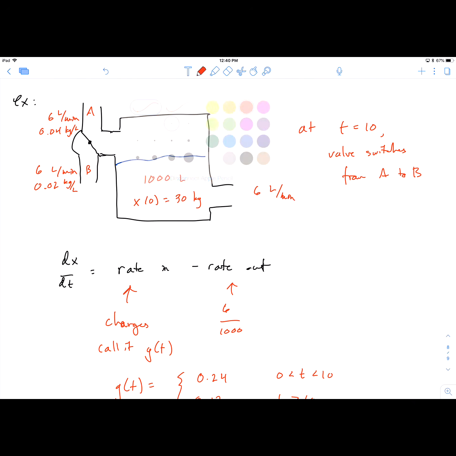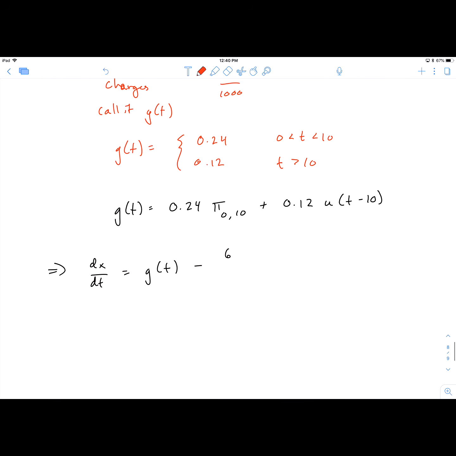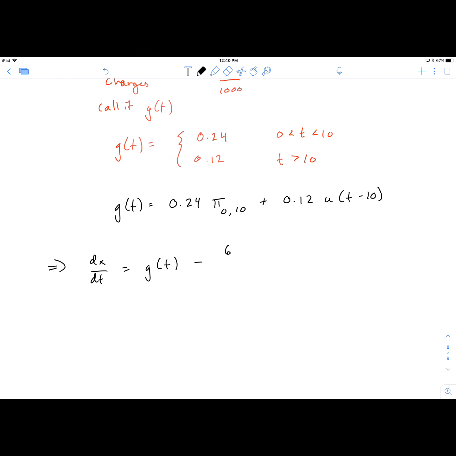Sorry, that should be x: 6x over 1,000. Then, just rearranging, we'd have dx/dt plus 6 over 1,000, which is 0.006, x equals this g of t.